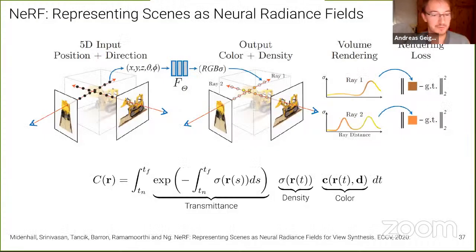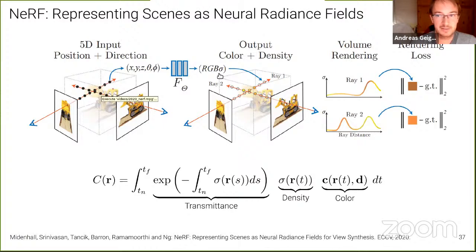And you have probably seen a recent work on novel view synthesis called NeRF, representing scenes as neural radiance fields, where they used a slightly different representation than what we did. Instead of representing the occupancy, they represent, also using an implicit function, the view-dependent RGB color value in the volume plus the density.